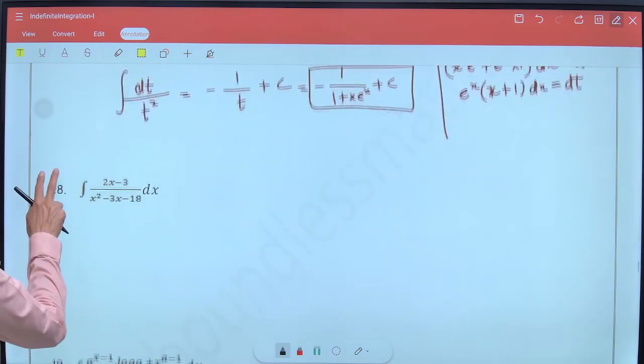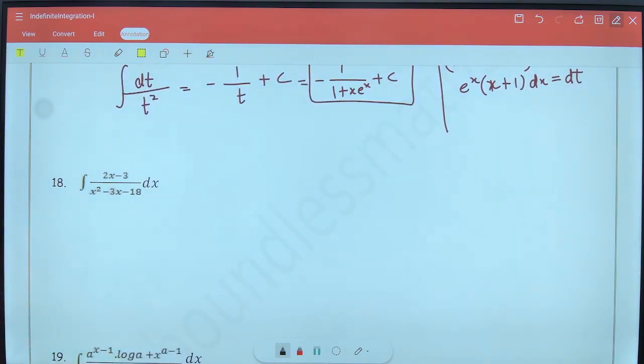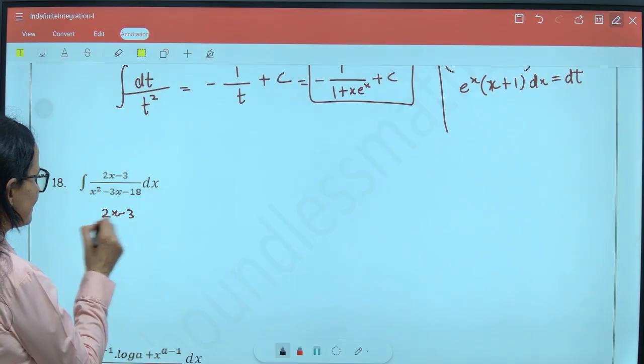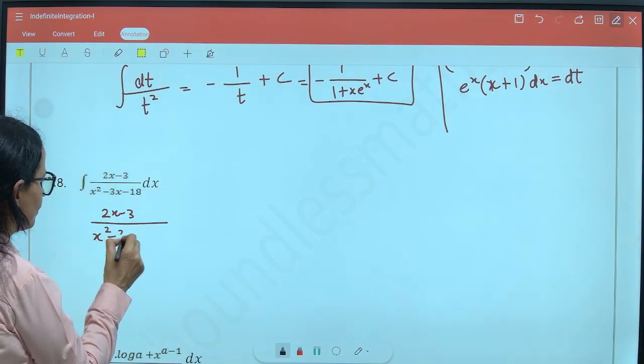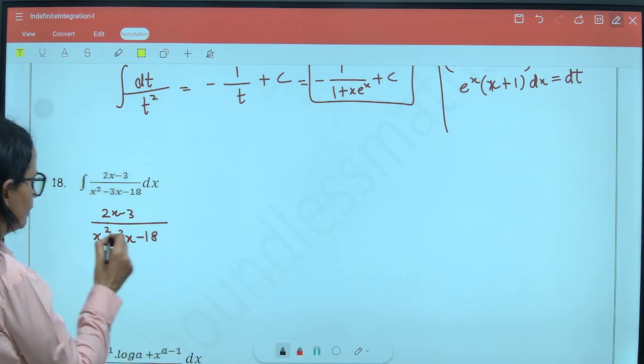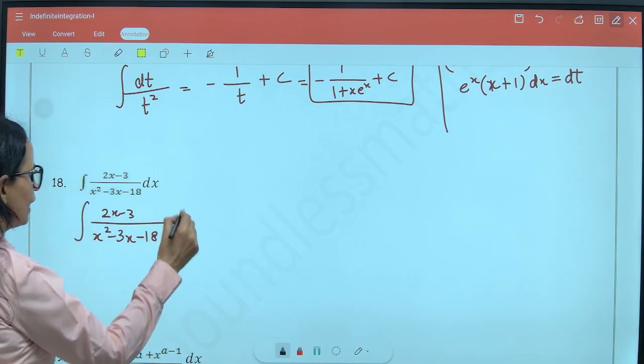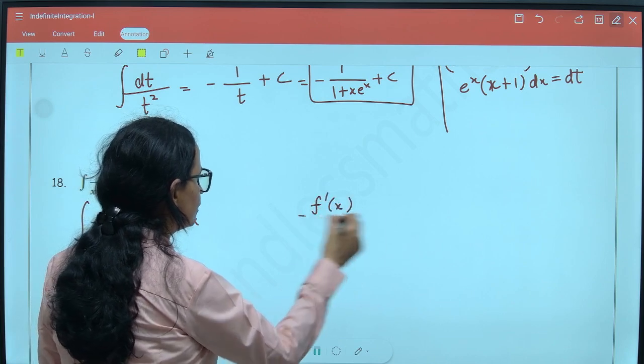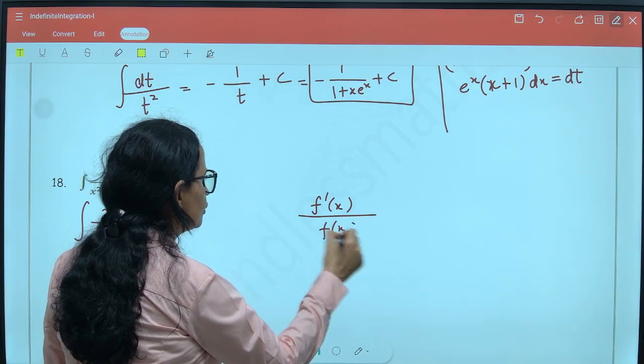Let's look at the next question: 2x minus 3 upon x square minus 3x minus 18. Now here, if you look at the pattern of the question, the numerator is the exact derivative of the denominator. 2x minus 3 is the exact derivative of x square minus 3x minus 18. So that means it is of the form where you have the derivative in the numerator and the function in the denominator.